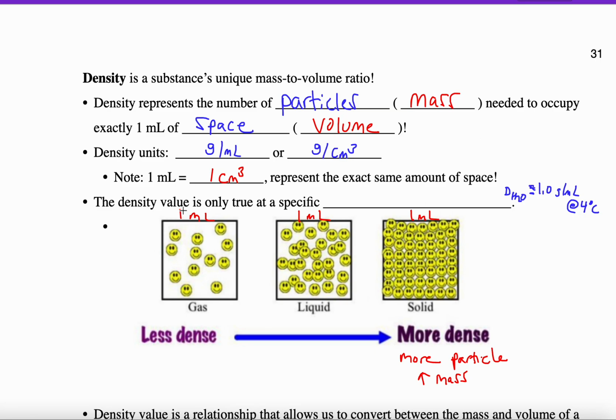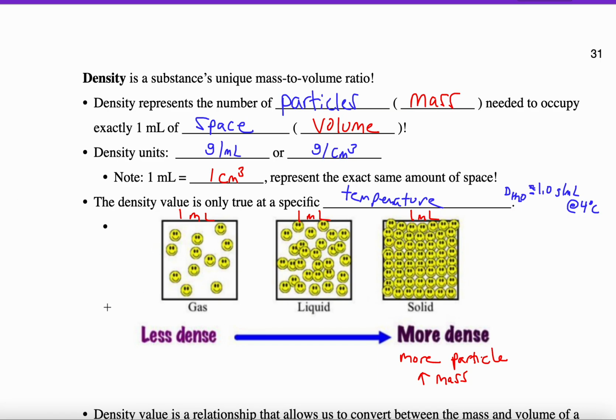So the density value of a substance is only true at a specific temperature. If you look up the density of water at common room temperature, somewhere around 20 to 25 degrees Celsius, water's density value is actually 0.9 something, less than 1.